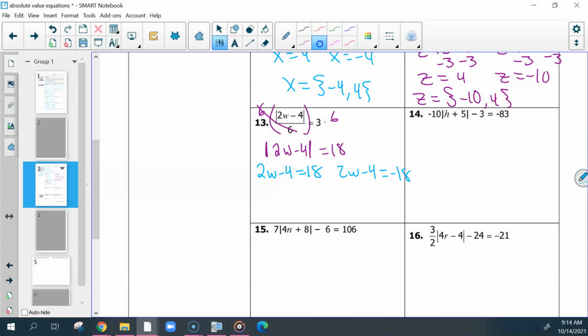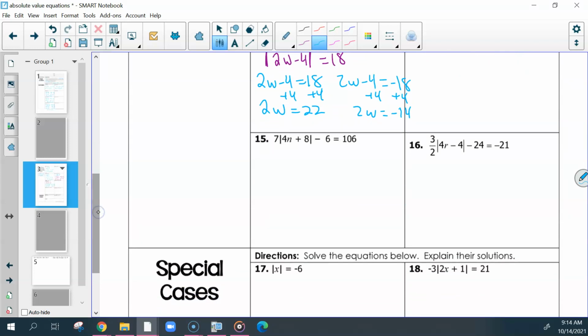Now we need to solve both equations for W. 2W equals 22 and 2W equals -14. And then what? Divide everything by 2.